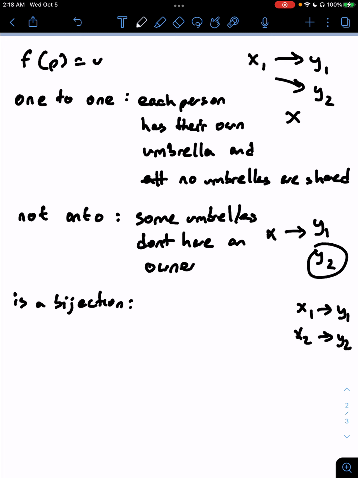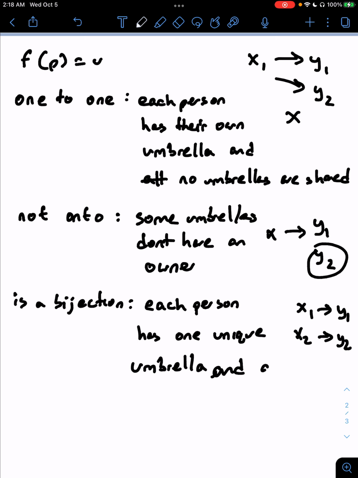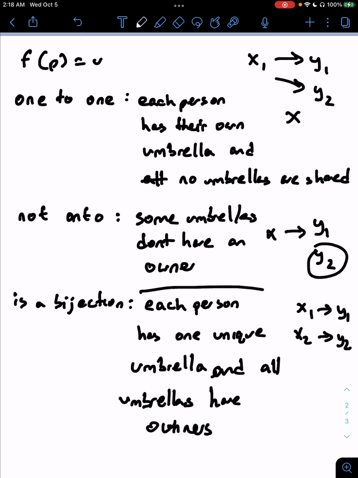So if we reverse that, then each person has one unique umbrella, because remember, the umbrellas cannot have the same owner, and all umbrellas, which are the y values, have owners. That's the onto part, and then each person owns a unique umbrella. That's just the 1-to-1 part, because each of the x has a unique y.